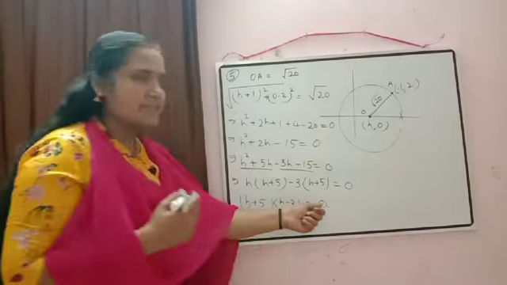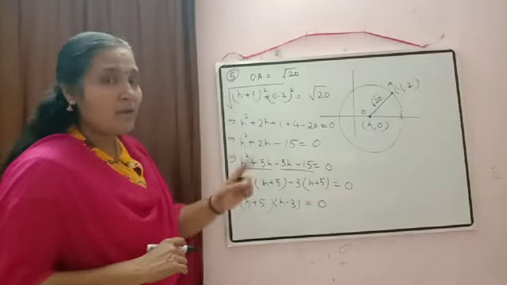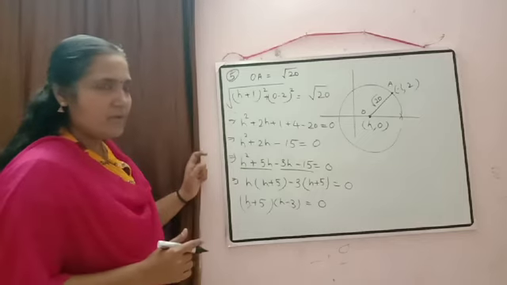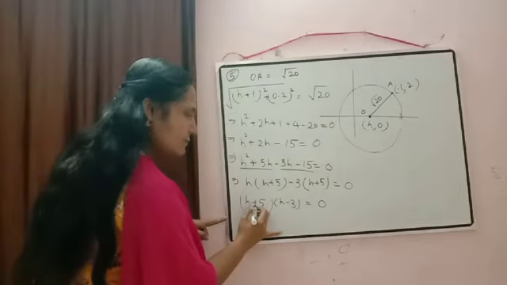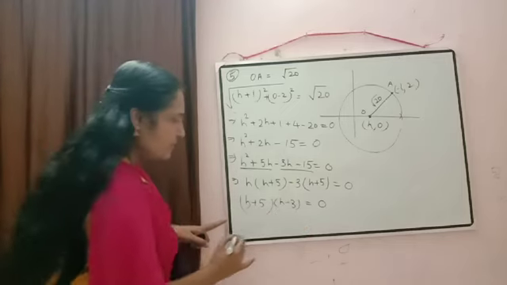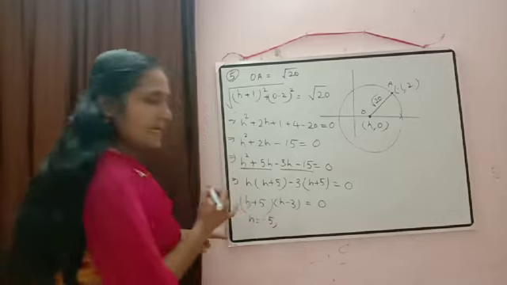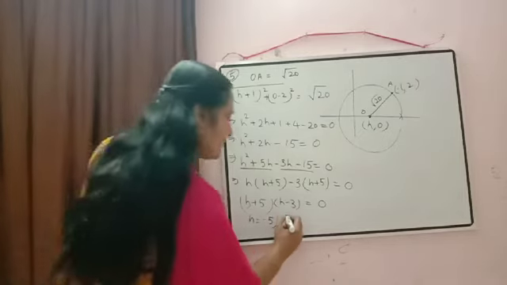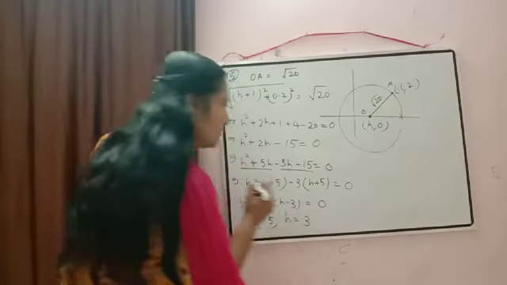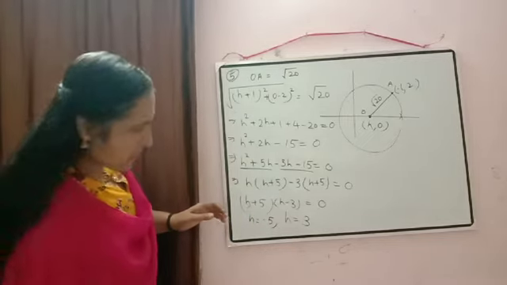Product of two expressions is equal to 0. This is possible when one of the numbers is equal to 0. So either h plus 5 is equal to 0 or h minus 3 is equal to 0. So if h plus 5 is equal to 0, then we will get h is equal to minus 5, or h is equal to 3. So these are the two possible values of h we got there.